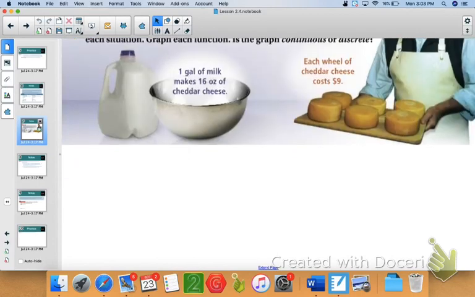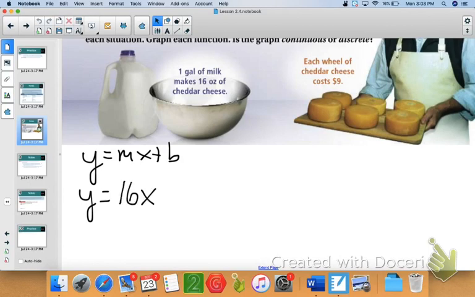Okay, so first, this is going to be linear because each gallon makes 16 ounces of cheese. So it should be y equals mx plus b. If he uses 0 gallons of milk, it's going to be 0 cheese, so our b should be 0. And then it's going up 16 ounces each time, so it should be y equals 16x.